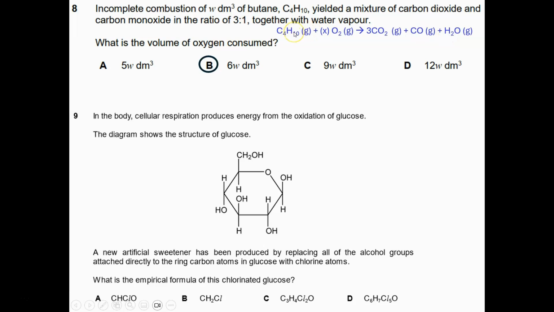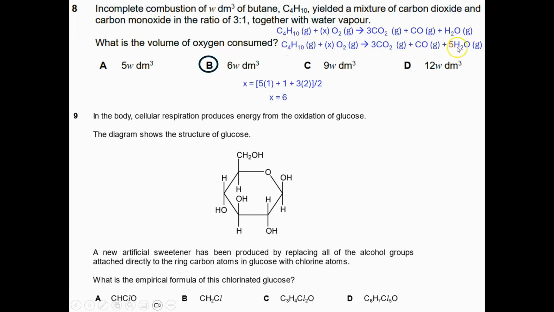There's 10 on the reactants side, there's 2 here, so I'll multiply the product side by 5. Now my products side has 5 plus 1, 6, 6 plus 6, 12 oxygen. I will need to balance the reactant side by multiplying the O2 by 6, which means that X is 6.